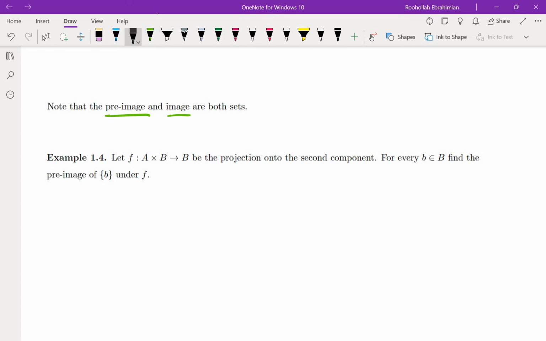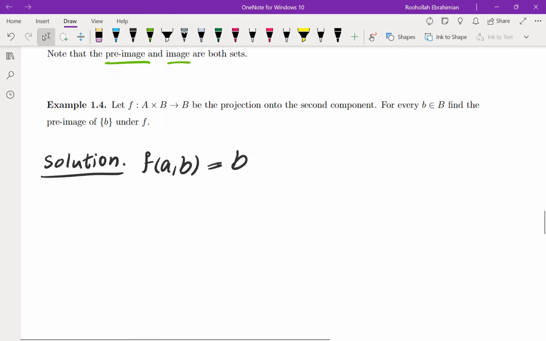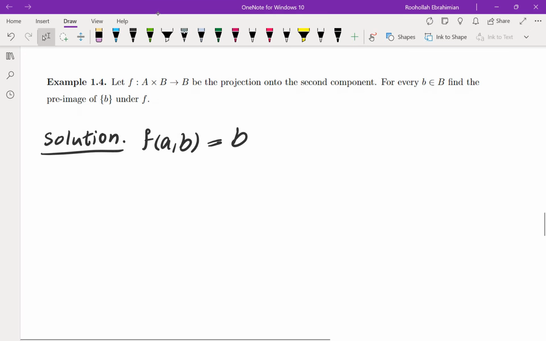Okay, so to illustrate that, let's do two examples. Here is the first example. Let F from A cross B to B be the projection onto the second component. So what does that mean? It means F of (a, b) is equal to b. So it gives us the second component. For every b in B, we want to find the preimage of this set.